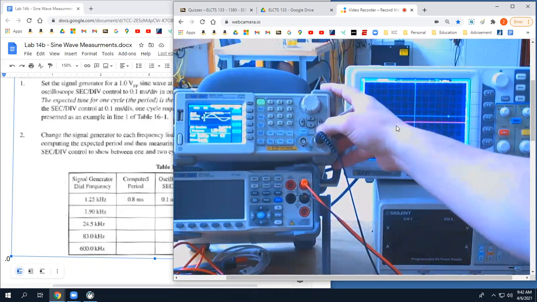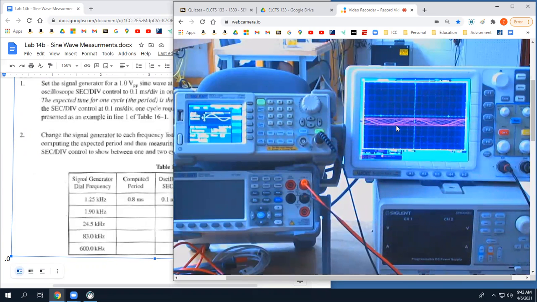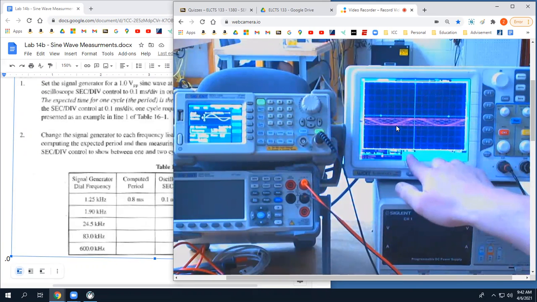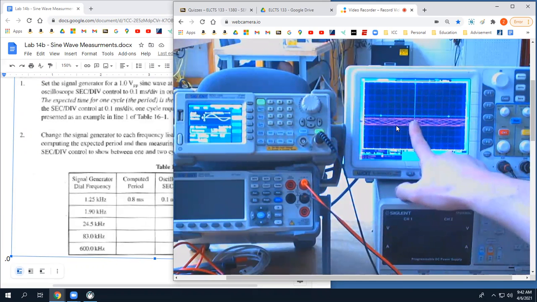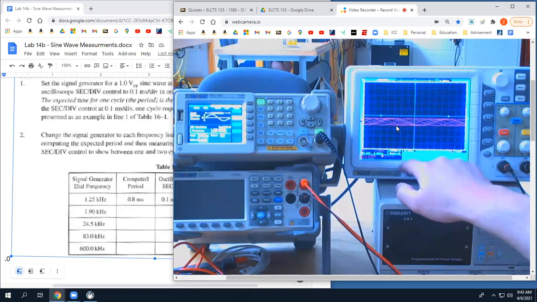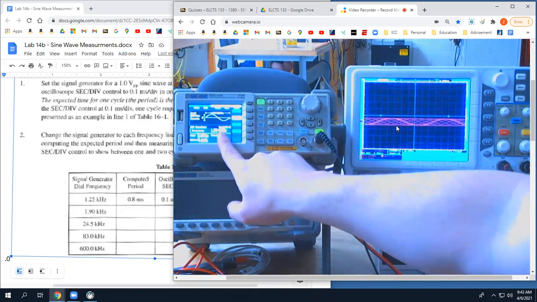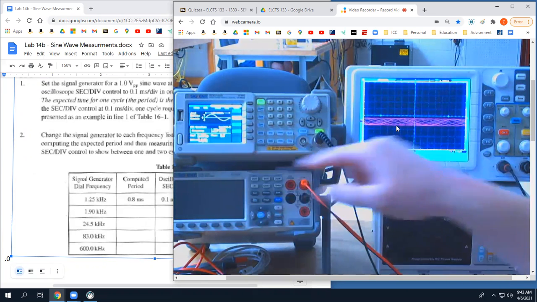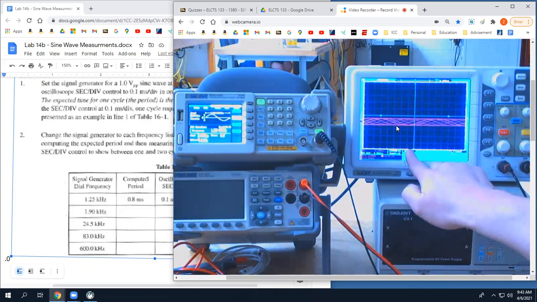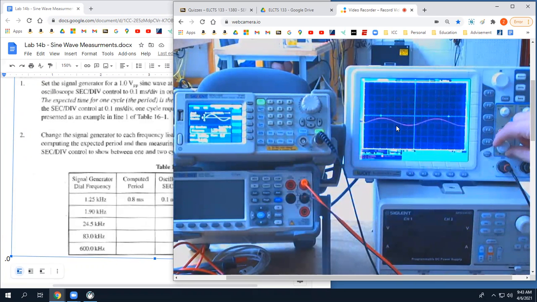Turn channel output 1 on. Whoa, whoa, whoa. Anybody else getting this? Do I have mine set up right? Amplitude 1 volt peak to peak. Frequency 1.25 kilohertz. My seconds per division is 100 microseconds. There it is.